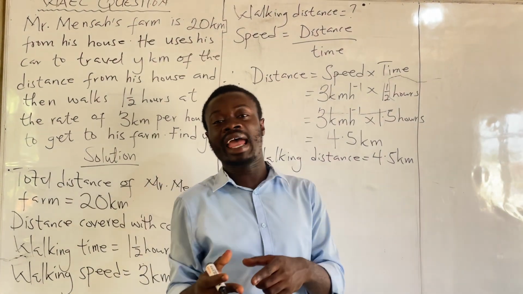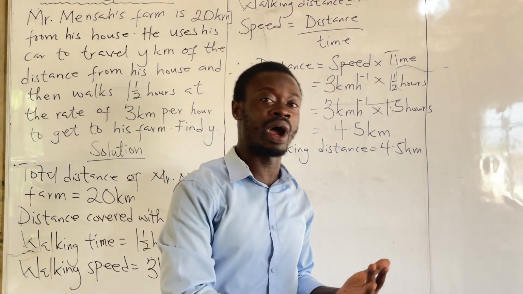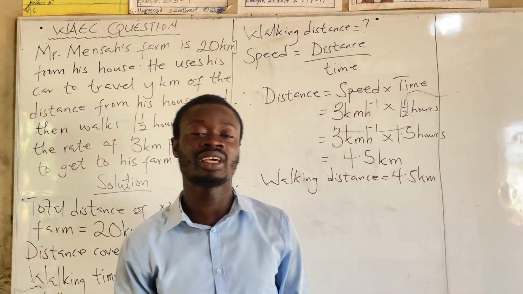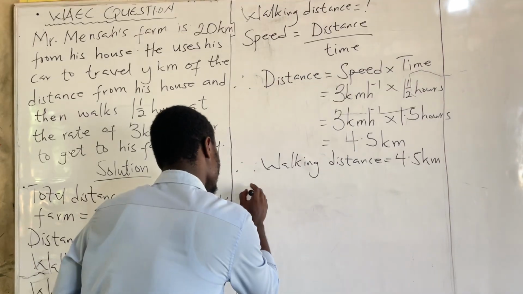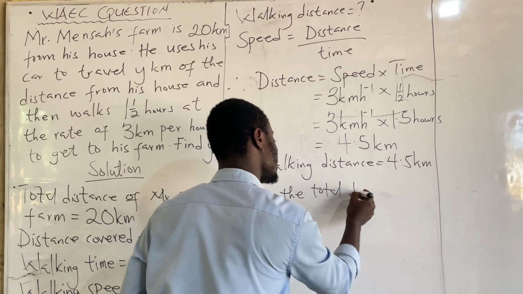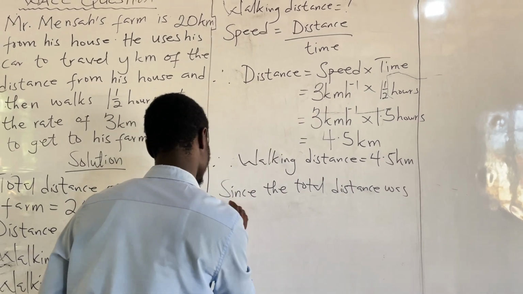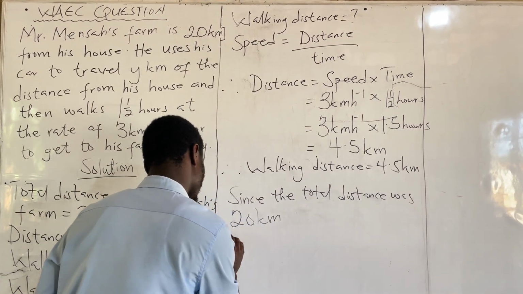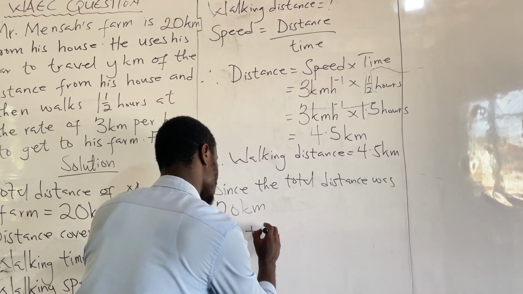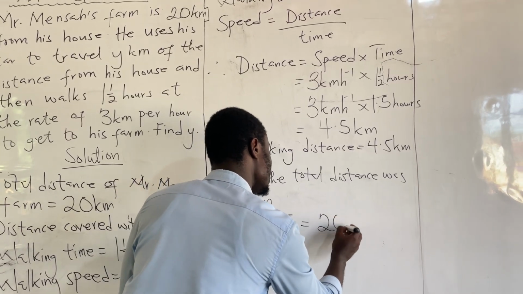So now we have the walking distance. We want y, so we add the distance covered with car, which is y, to the walking distance, and we equate it to the total distance, which is 20 kilometers. Since the total distance was 20 kilometers, y plus the walking distance, which is 4.5, will be equal to the total distance, 20 kilometers.